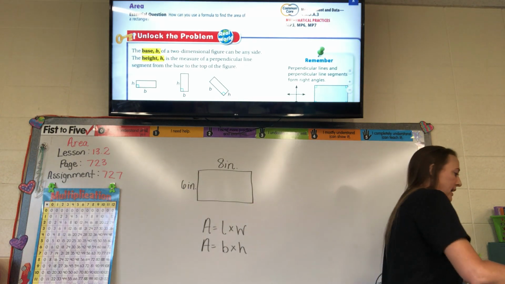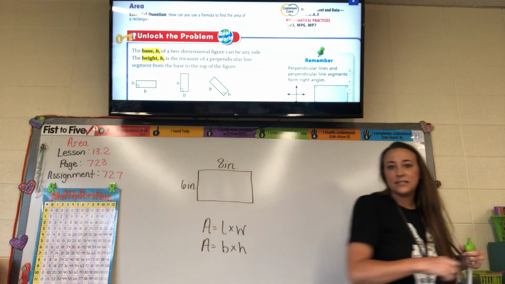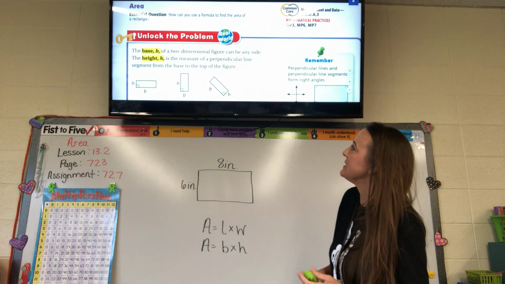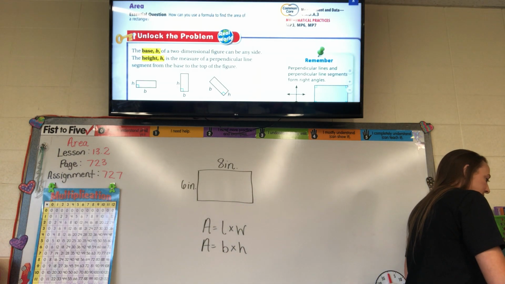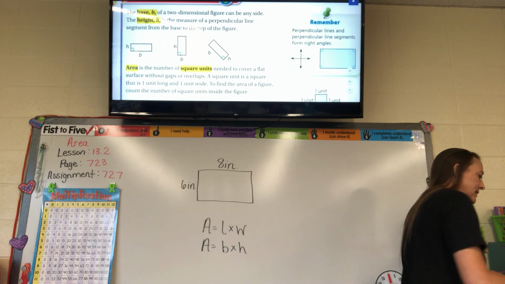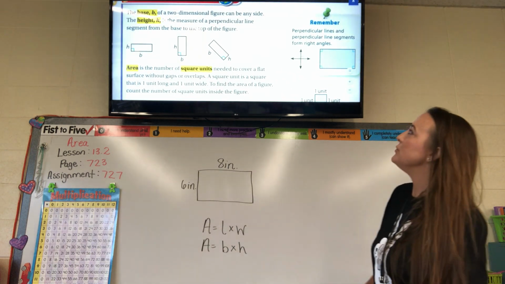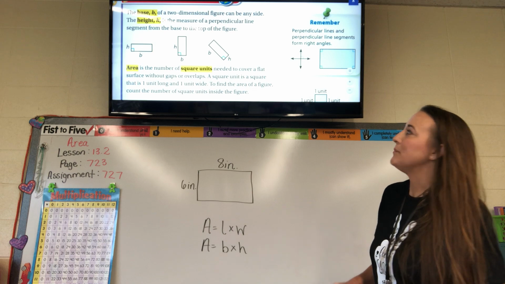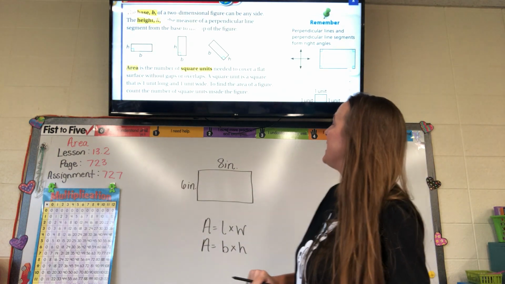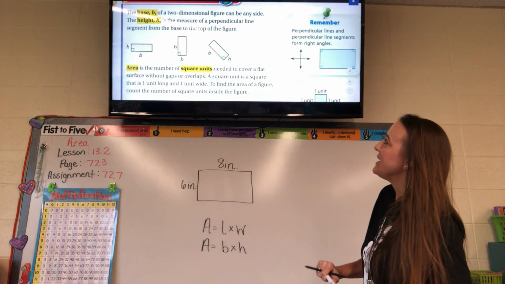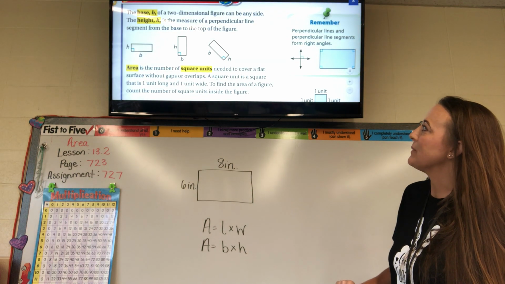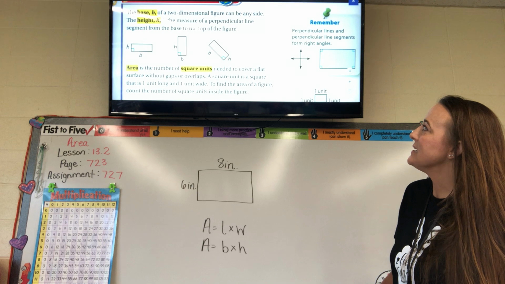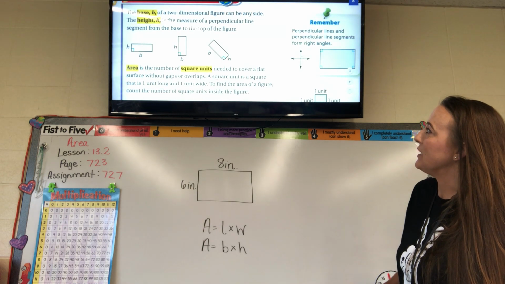It's really cloudy today, so I'm hoping you guys can see the screen. The base of a 2-dimensional figure can be any side, and the height is the measure of a perpendicular line segment from the base to the top of the figure.